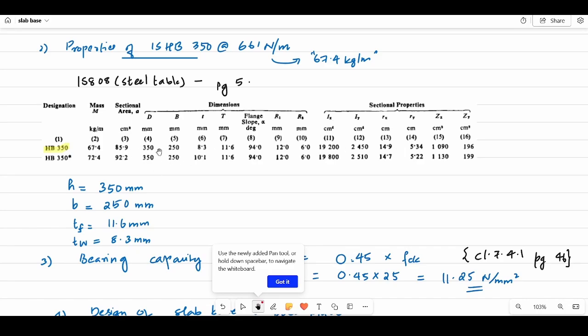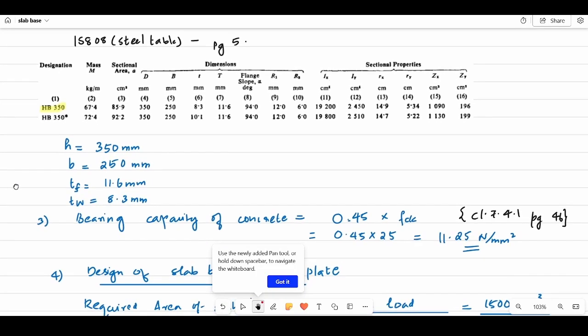D is the total height, that is the total depth, which is 350. B is the total width of the member, which is 250. TF is the thickness of the flange, which is 11.6 mm, and TW is the thickness of the web, the middle portion, which is 8.3 mm. These are the major things we have to obtain from the steel table for our calculation for the design of the slab base.